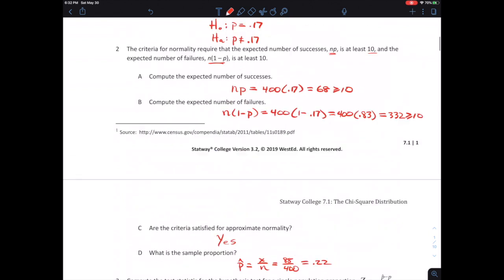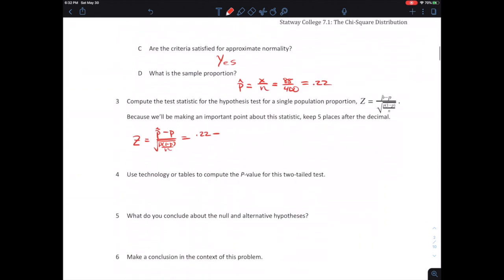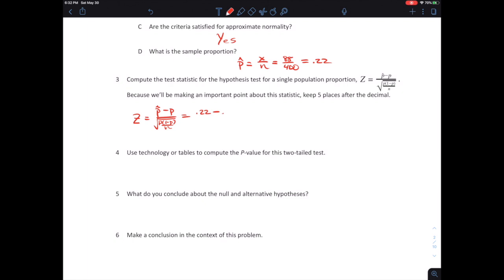And if you look back up above, the null hypothesis says that p is 17%. So 22% minus 17% for p. And then coming down, 17% for p, and then 1 minus 17%. And then over n, which was, I think, 400 boys.